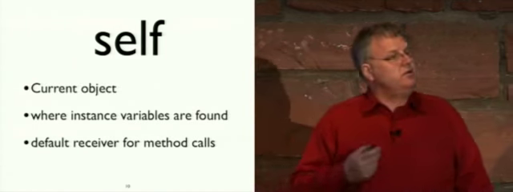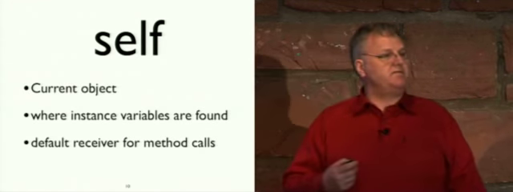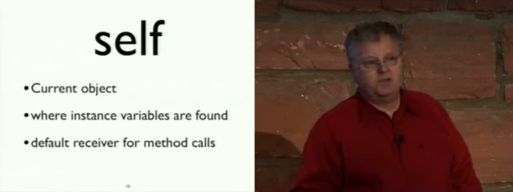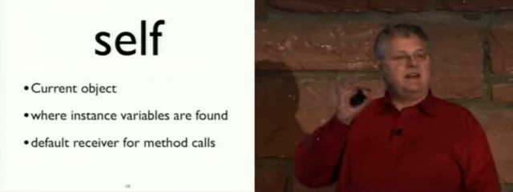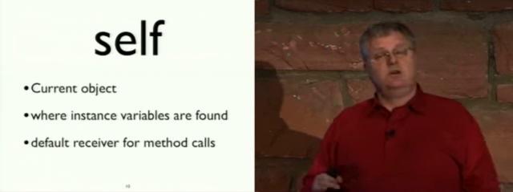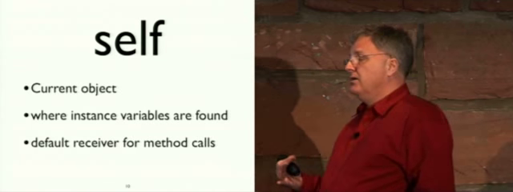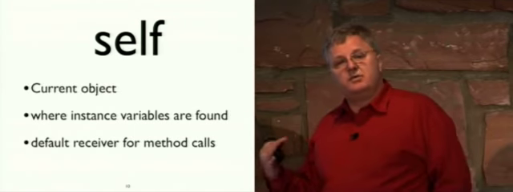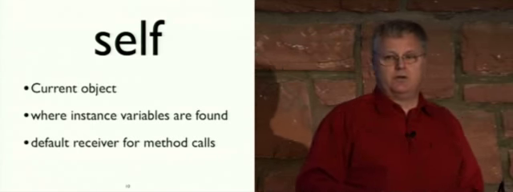We also use self as the place where we look up methods if you don't specify an explicit receiver. So if I don't say x.do_something, I just say do_something, then Ruby is going to look for that do_something method in self, associated with that object self. So self is phenomenally important.